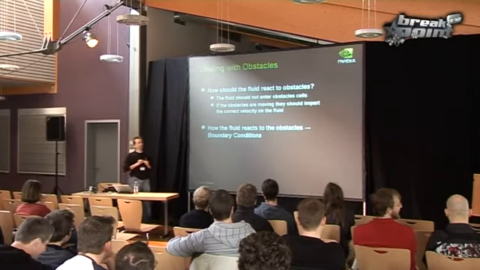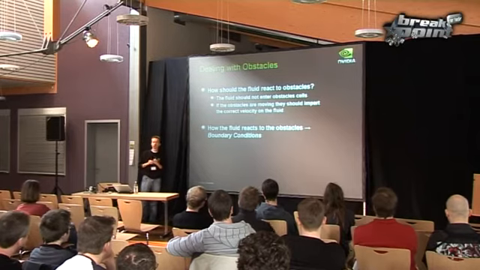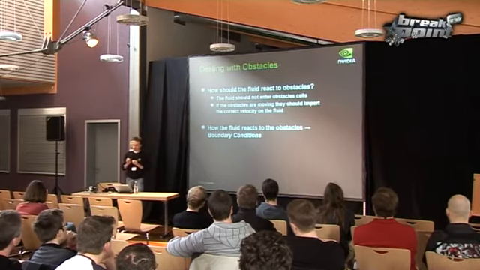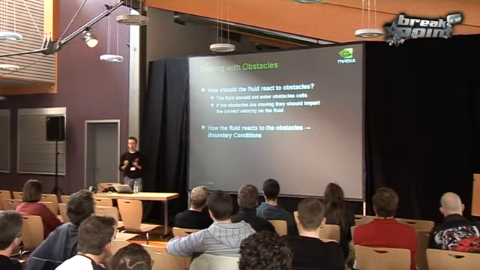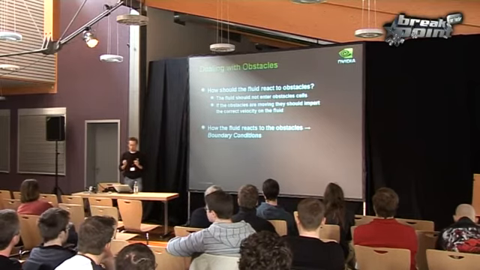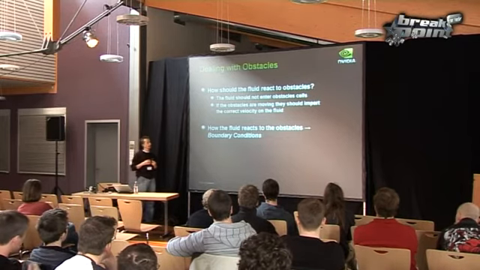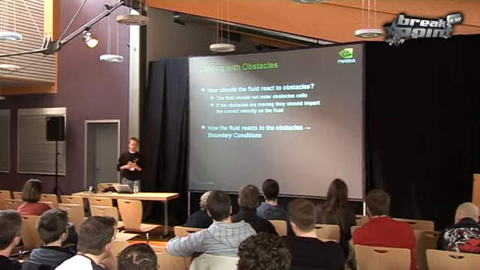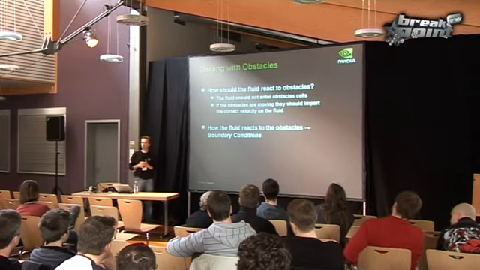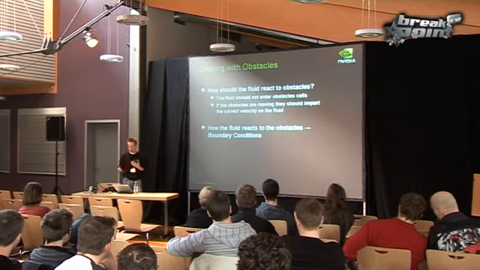Now, in order for the fluid to interact with our obstacles, we need to modify our fluid simulation a bit, which means we need to enforce two basic conditions, called boundary conditions. One of them is that fluid obviously should not enter obstacle cells, that is, cells which are occupied by our geometry. And if obstacles are moving, then they should impact the movement of our fluid, so they have to modify the velocity of the fluid somehow.